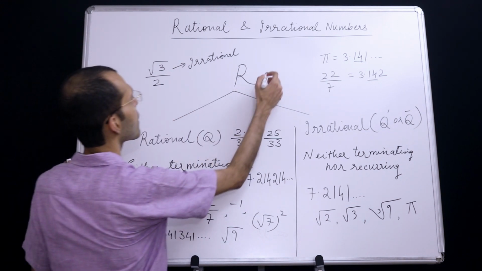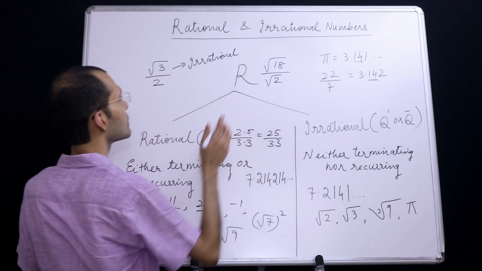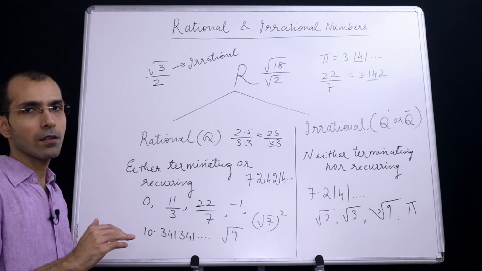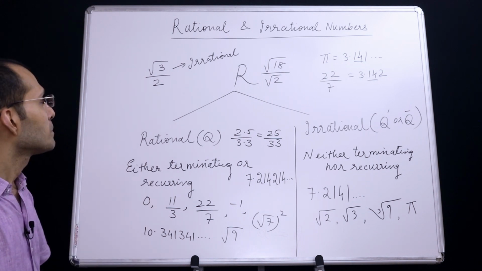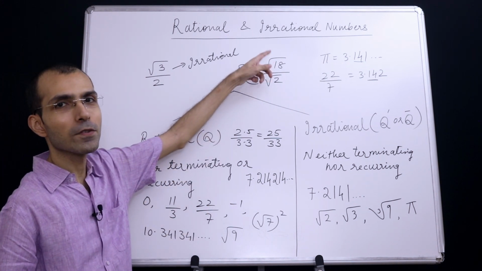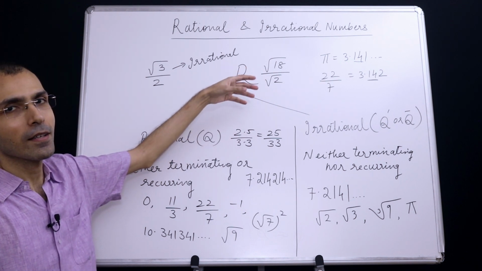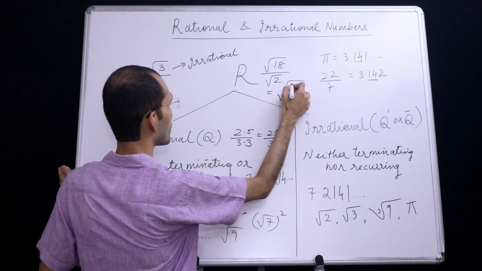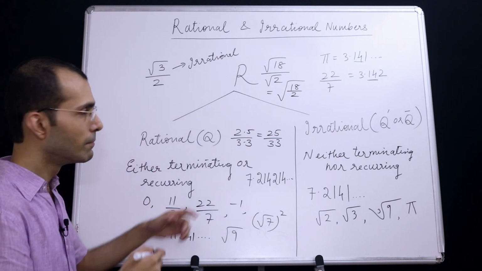And then what would be root 18 upon root 2? How would you classify this? Rational or irrational? Ponder over it. See, these two can be fused. At the outset you feel it is irrational, but actually this can be written as the square root of 18 upon 2, isn't it?